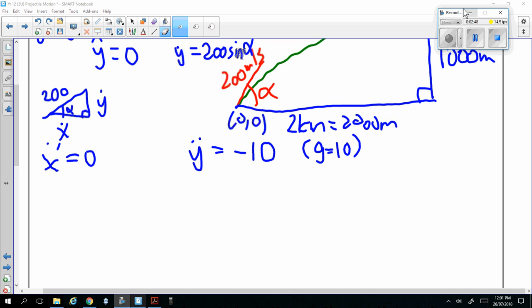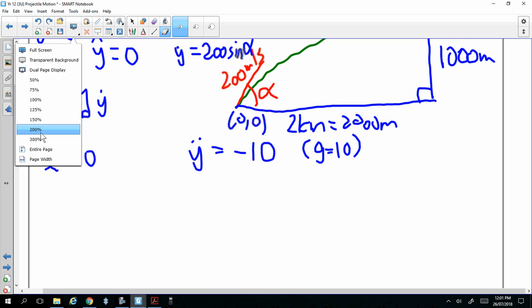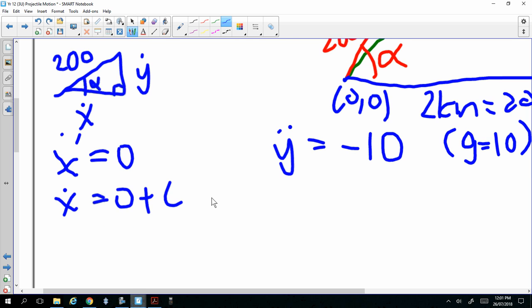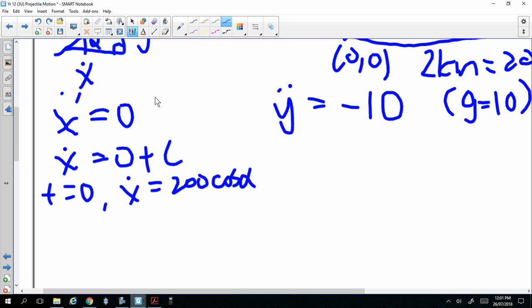All right, let's do this. So we go x dot equals 0 plus c. Now to find c, when t is 0, x dot equals 200 cos alpha. So you substitute. Therefore 200 cos alpha equals 0 plus c, and c can be found.